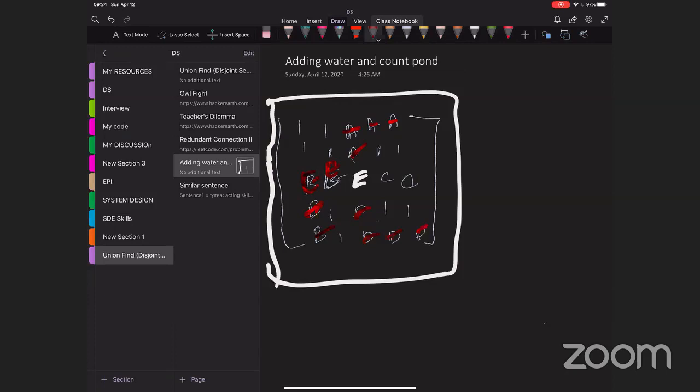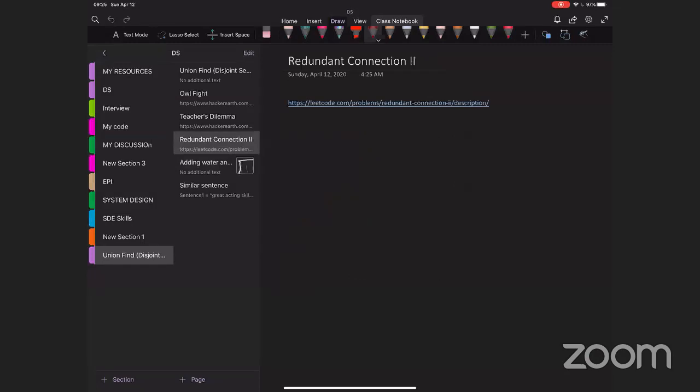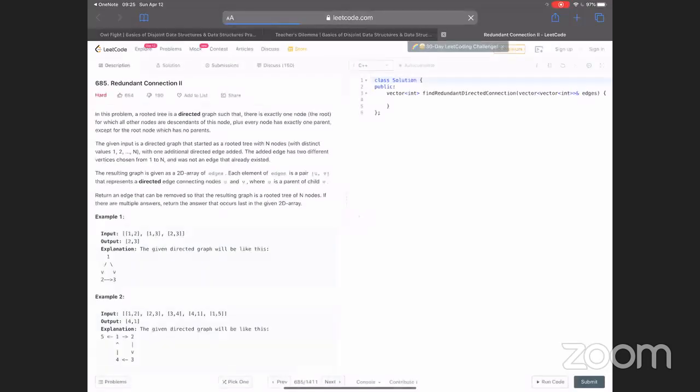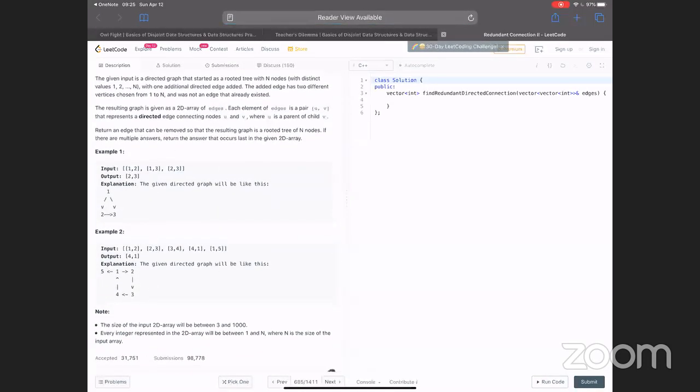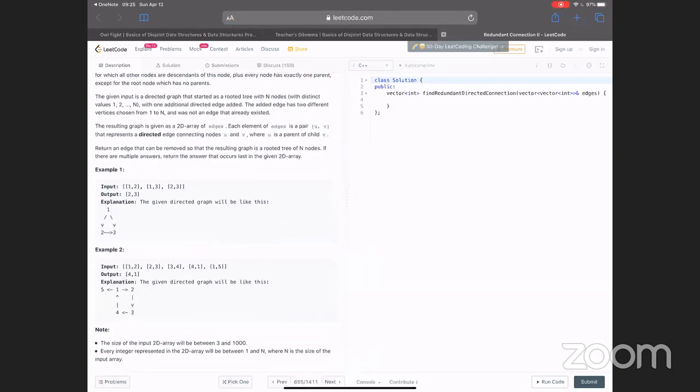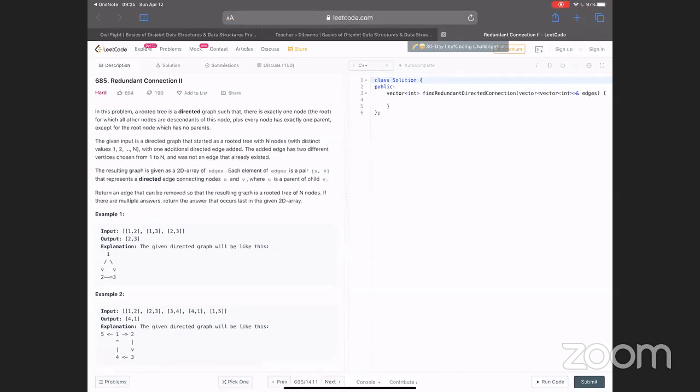There are some other interesting problems also. Let's see if I can open this. This problem is called redundant connection, where we are given connections: 1 to 2, 1 to 3, 2 to 3.